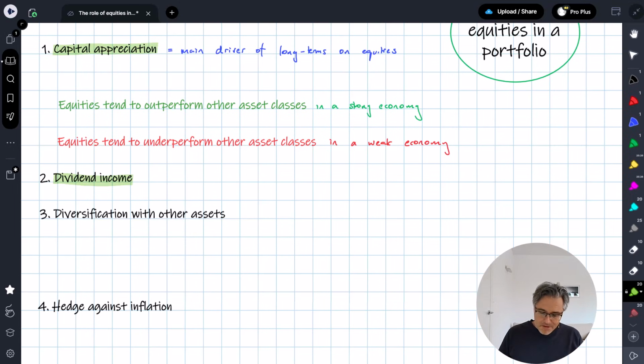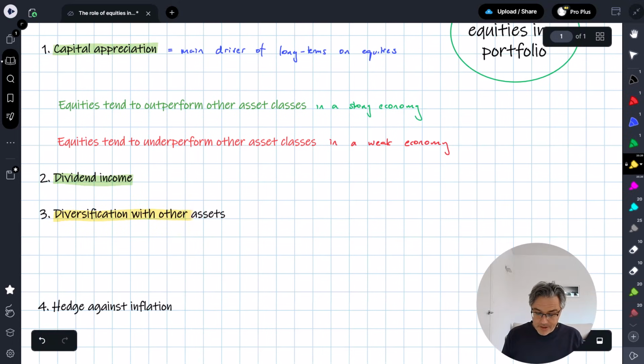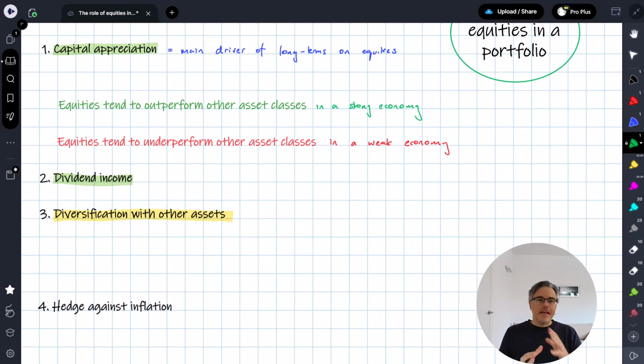Then a very important role for equities is the potential for diversification, to offer diversification benefits with other assets. And of course, this boils down to the issue of correlation. The fact that equities are not necessarily perfectly correlated with other assets in terms of their performance, or their returns are not necessarily perfectly positively correlated.